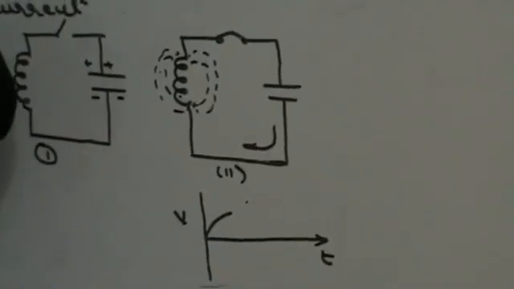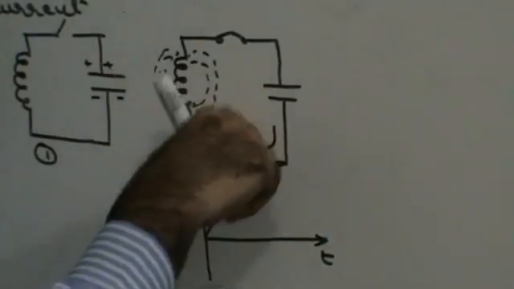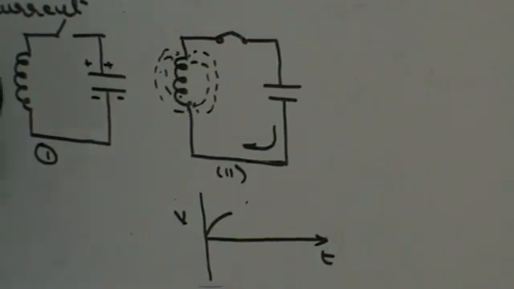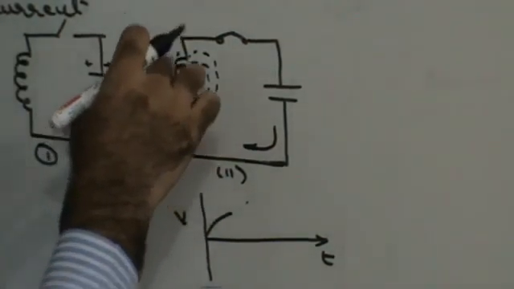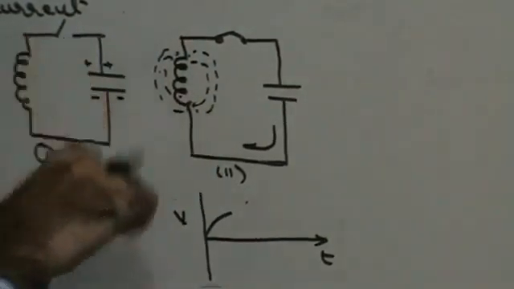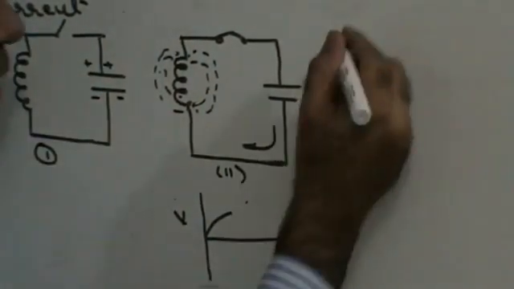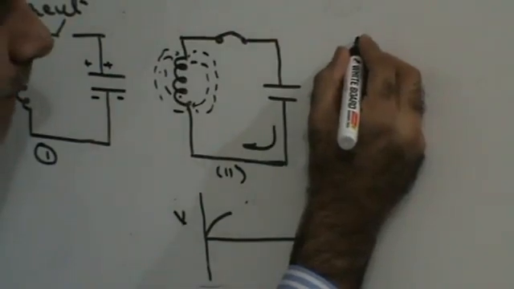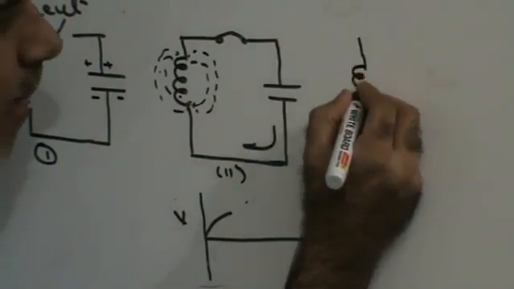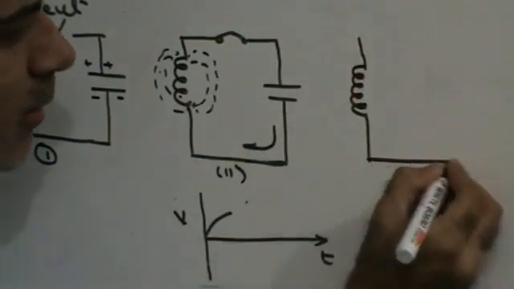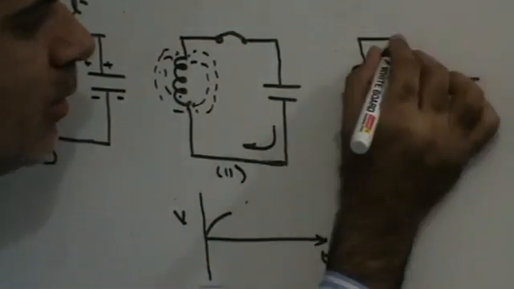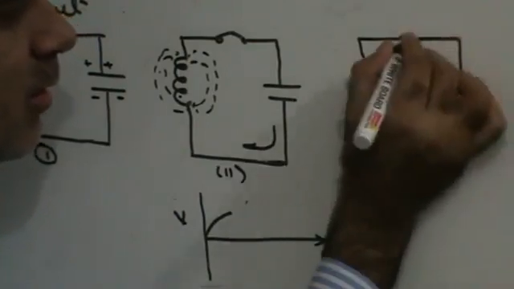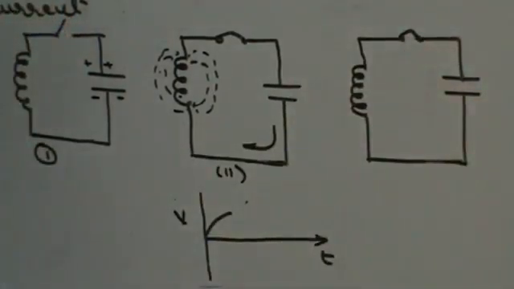Now once the capacitor is fully discharged, guys, the inductor would then charge the capacitor in the opposite direction. The circuit is still closed, right?